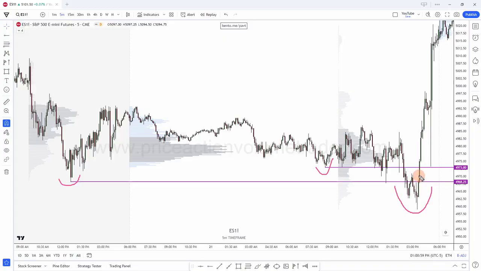You don't have to wait for this to give you a pullback entry to then get in here. You can also just look at this, and as soon as you see a strong breakthrough, you can just get right in whenever you can, right around the level, knowing that you are going to have your clear invalidation below the false, in this case, the false breakdown low before we reclaim these levels. And then you're going to use these levels as your guide to manage your trade.